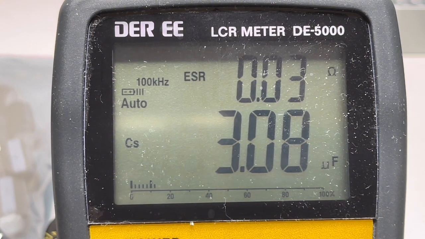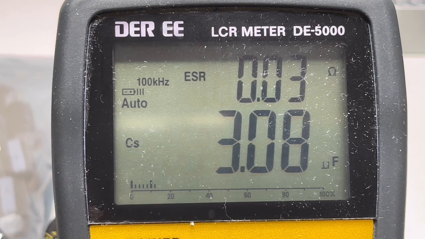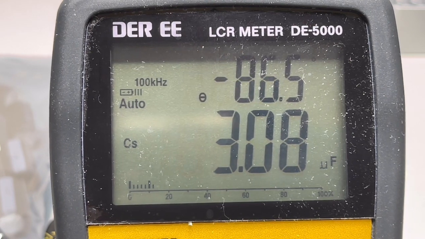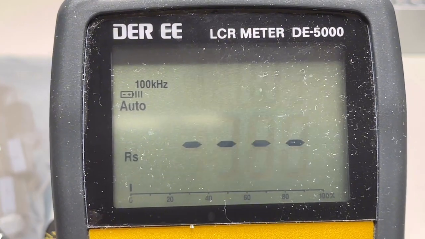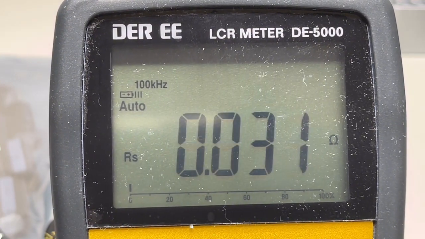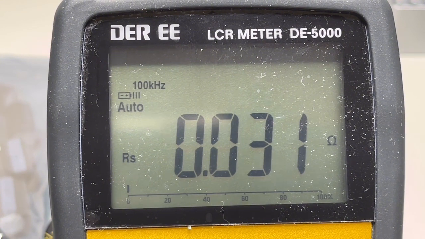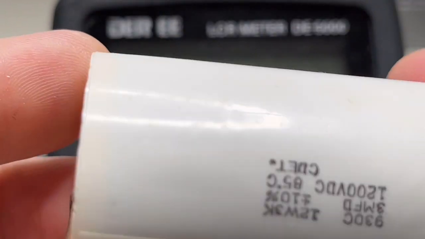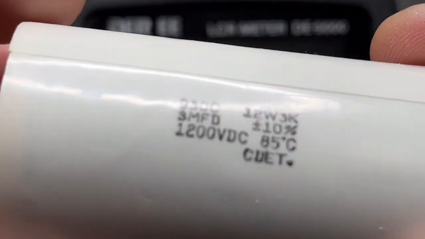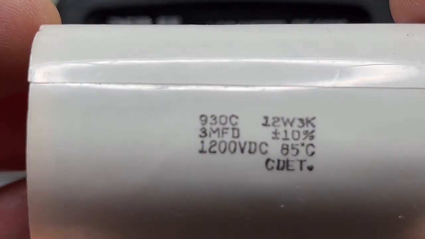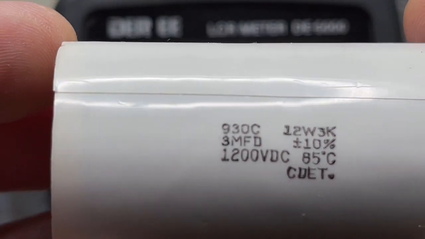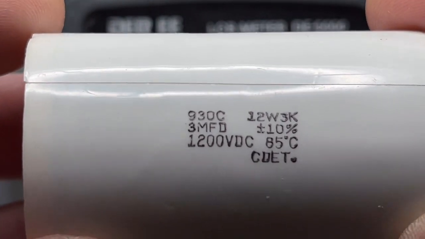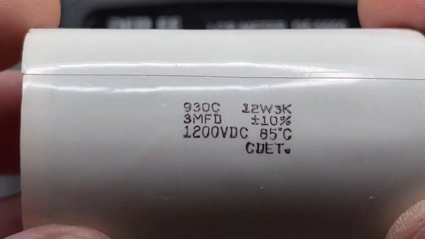Let's go again to see it a little bit more. And again, the wrong button. 31 milliohms for this capacitor. Three microfarads. You can imagine what the ESR is of a 3 microfarad electrolytic capacitor, in the ohms.